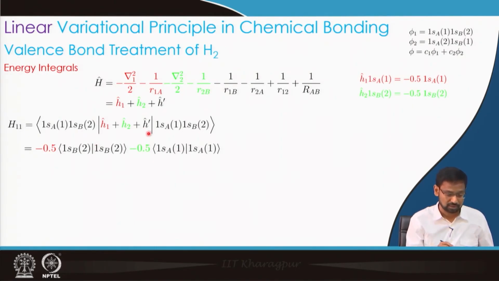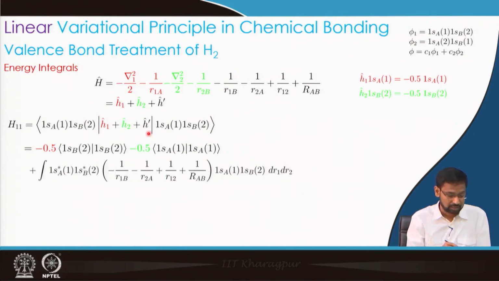Now, let us look at the other term. The other H prime has got 4 terms over here, the operator, and then I am now writing the full integral form. So, in the complex conjugate of phi 1 and phi 1 itself, and I am integrating it over R1 and R2.